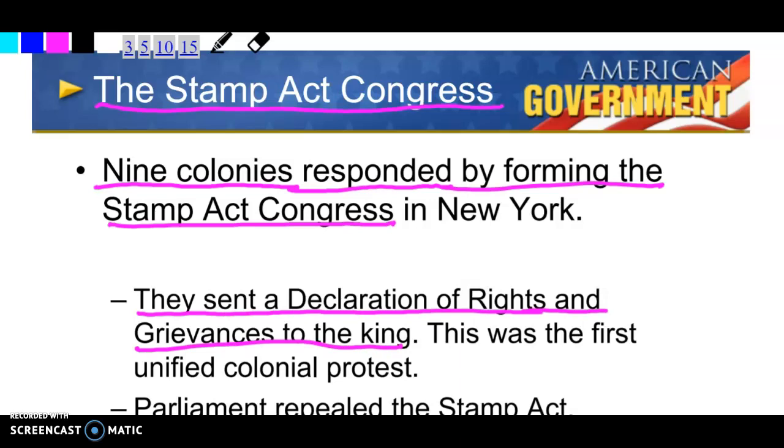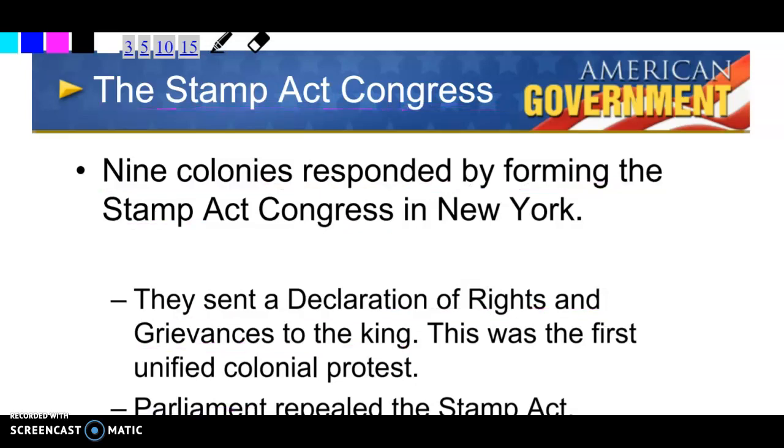This was the first unified colonial protest. So what did King George and Parliament do? Parliament repealed the Stamp Act. They took it away.